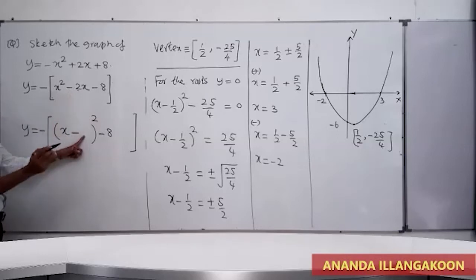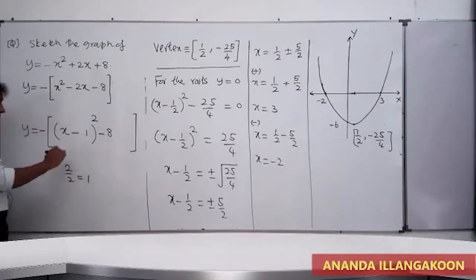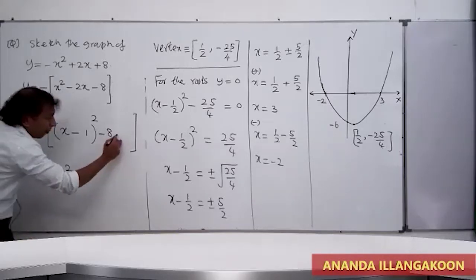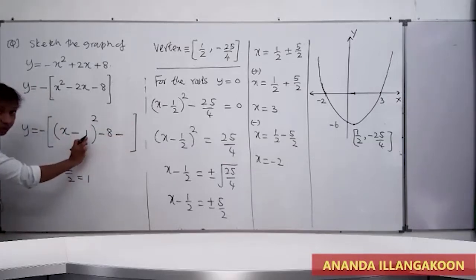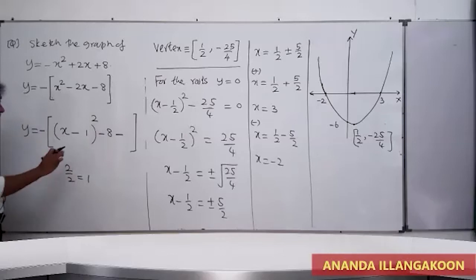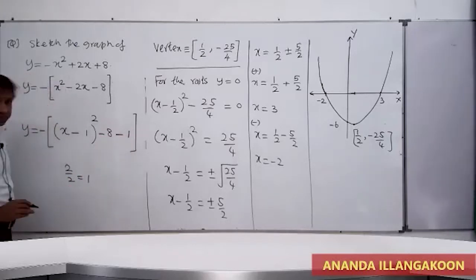Divide that 2 by 2, people. Always this figure, whatever it is, we divide by 2. That answer only we write here. When we divide 2 by 2, what's the answer? 1. We write 1 here. Now finally, what do we always subtract? The square of this one, 1 squared, is 1. Subtract 1. Right, we got this.